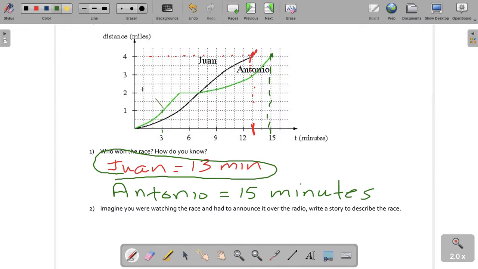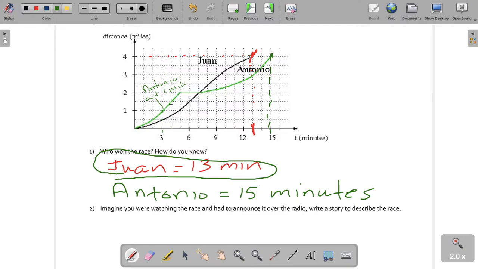So at that point right there, Antonio, he's at 1 mile. He's actually winning the race. Okay, he's winning the race. At mile 5, we'll notice that Juan has gone to 1 mile, and Antonio has gone to 2 miles.